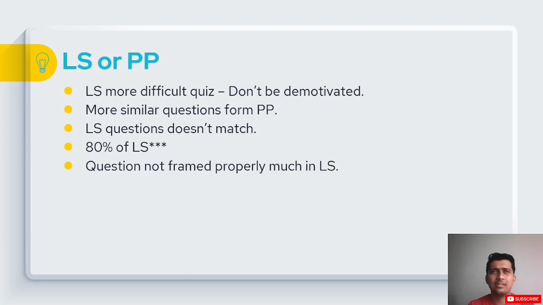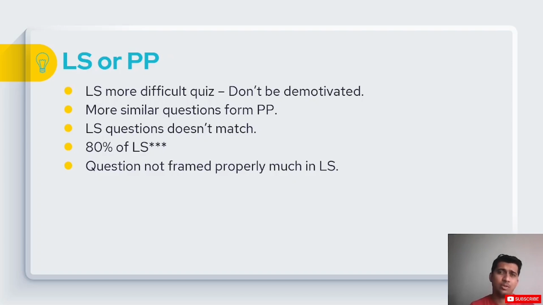Also, you'll find that in the learning system some questions are not framed properly. There are grammatical errors sometimes, at least in my time. Not sure if they have updated by now, but there were questions not framed properly in the learning system, and you won't find that in Pocket Prep.